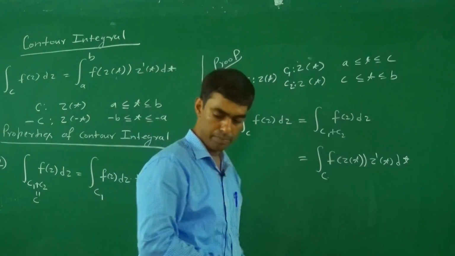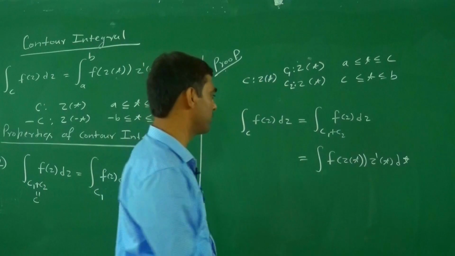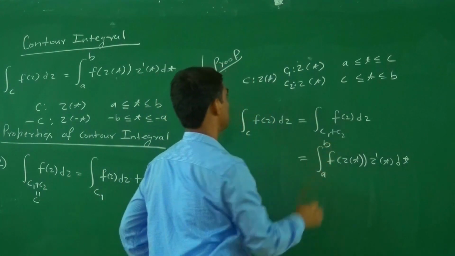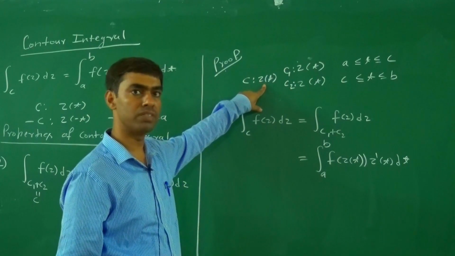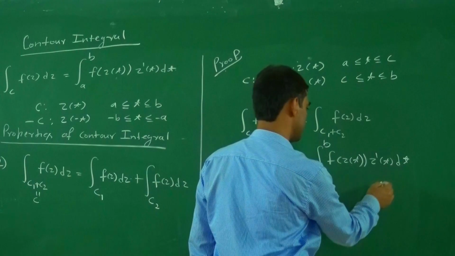If we write it in parametric form, then obviously this becomes a to b, because C is defined from a to b. So the integral from a to b of f(z(t)) z dash t dt.